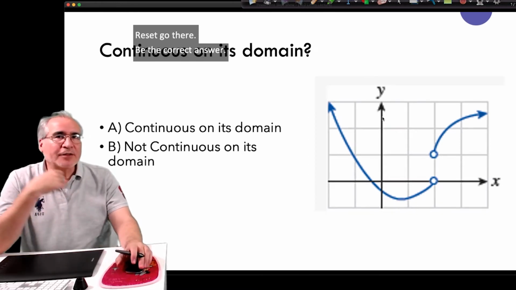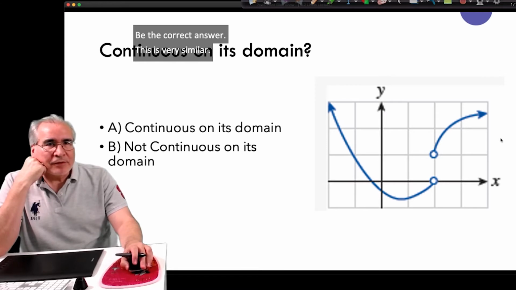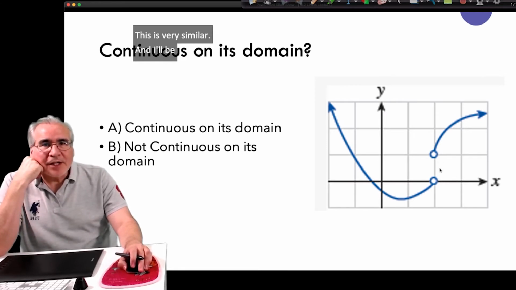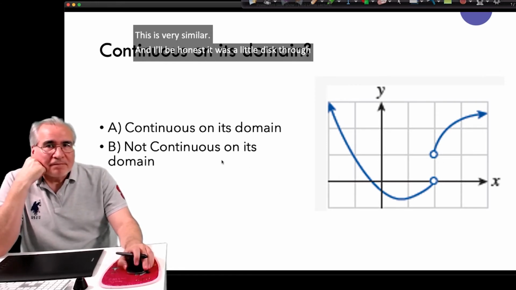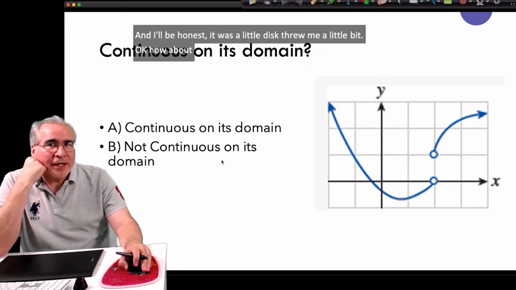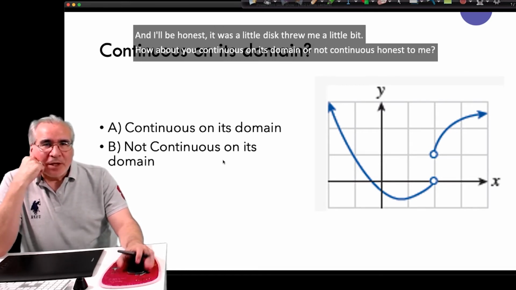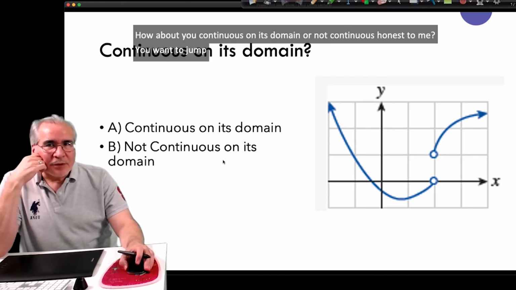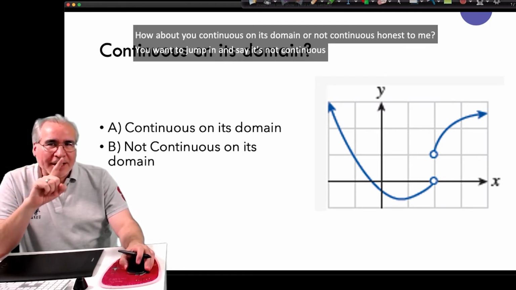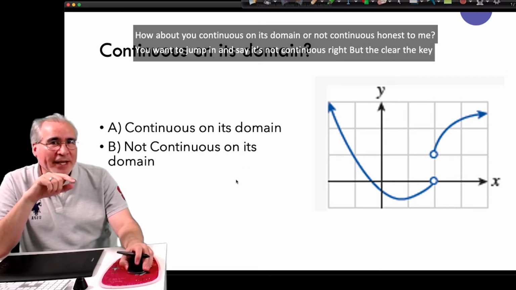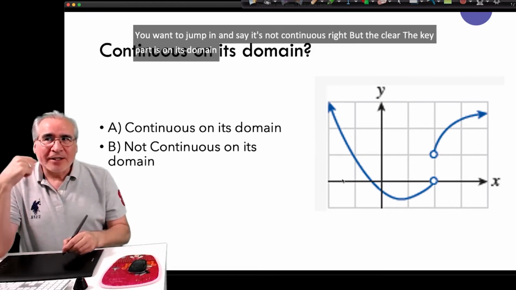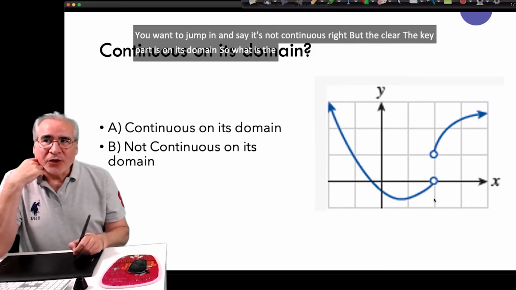Now, this is very similar, and I'll be honest, it threw me a little bit. Okay, how about you? Continuous on its domain or not continuous on its domain? You want to jump in and say it's not continuous, right? But the key part is on its domain. So the question here is, is 2 in the domain of this function?